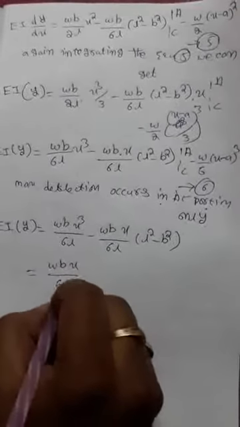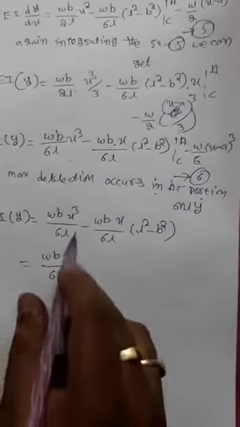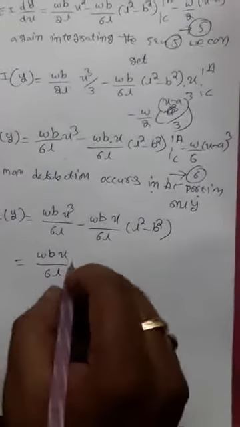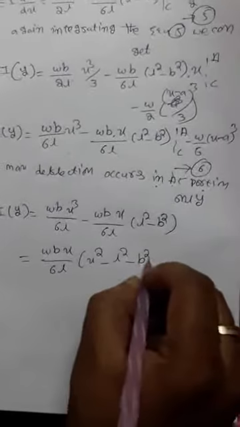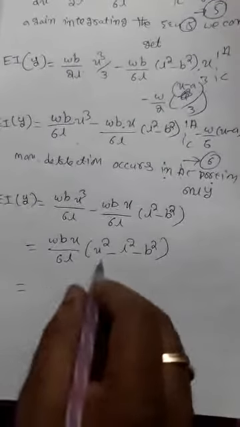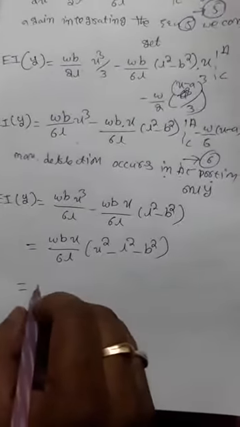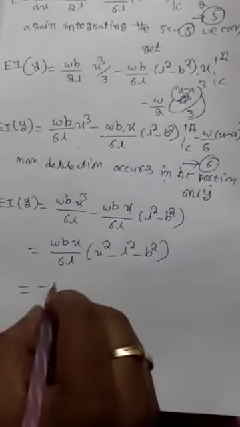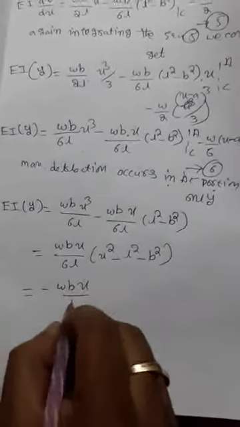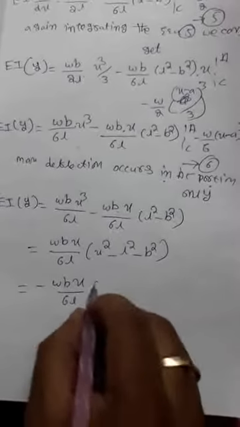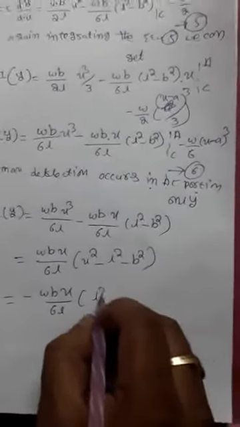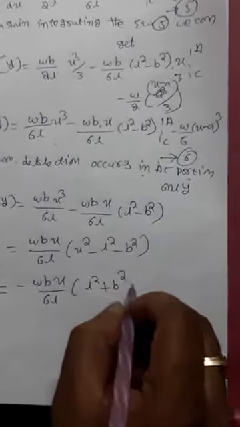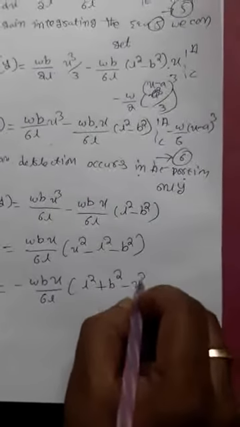WBx by 6L is common in this equation. Here x square, L square minus B square is the remaining part, with the minus sign common. After taking the minus common, you can get L square minus B square minus x square.